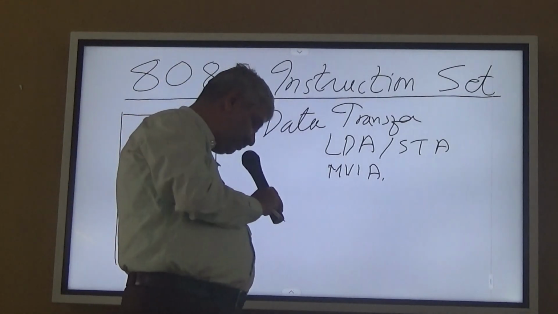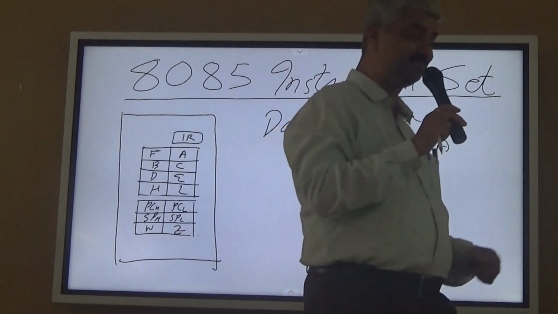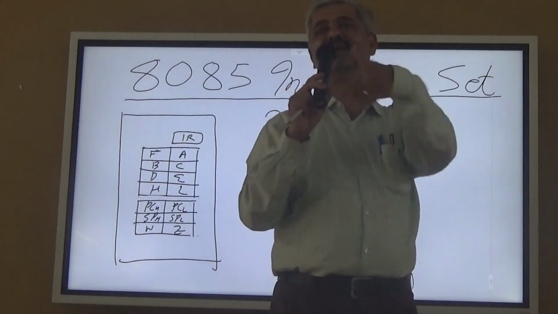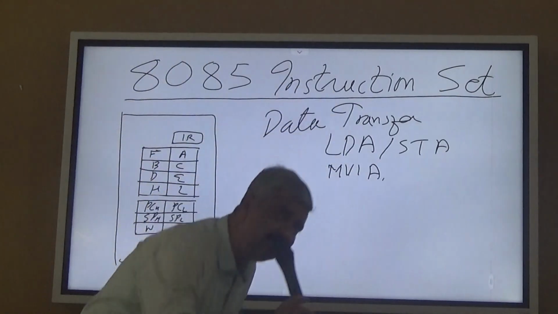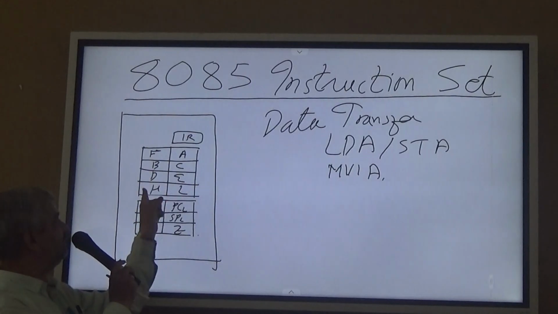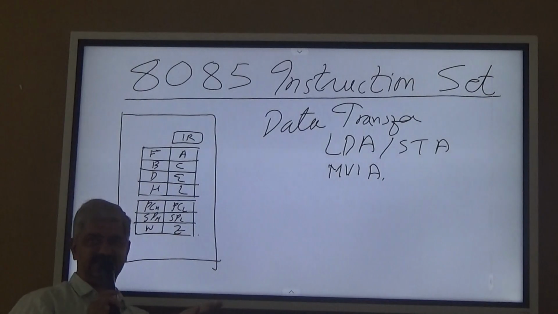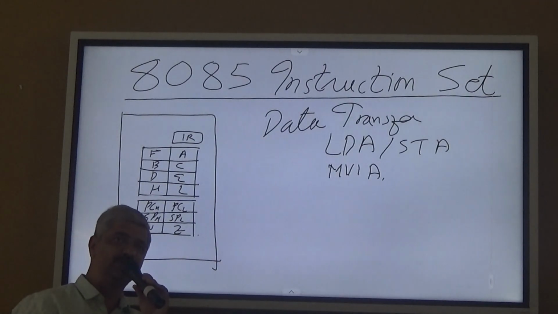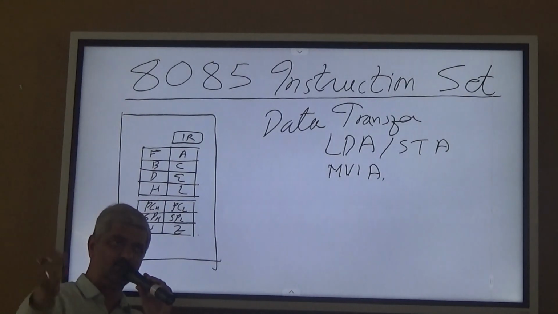So we shall now go through different instructions. Rather than me explaining what it does, I would like you to be able to explain what it is. So first and foremost, very simple and obvious: there are 1, 2, 3, 4, 5, 6, 7 registers. There are 7 registers, so there should be some way of transferring content from one to the other.